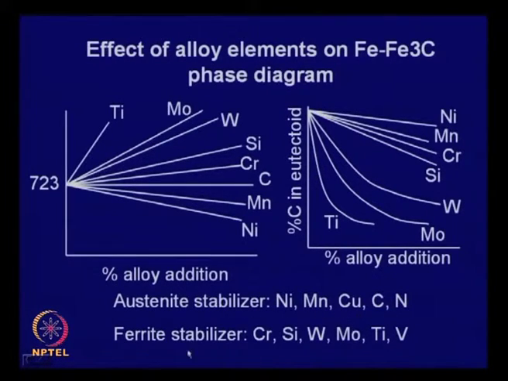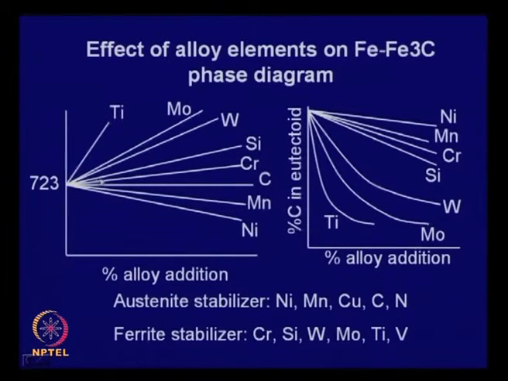As against this, there are certain alloy elements, and many of these have a body centered cubic structure: chromium, tungsten, molybdenum. These are called ferrite stabilizers. They raise the critical temperatures, like whatever is shown here.